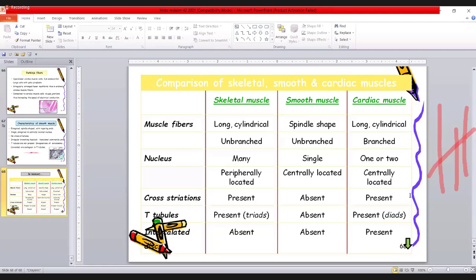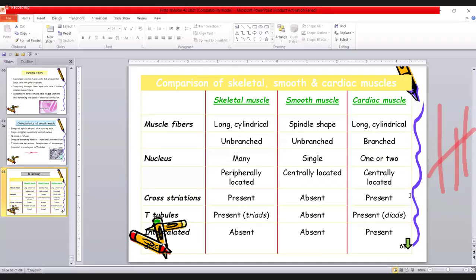Because of the absence of sarcomeres. Sorry? Okay, let me ask it in a different way. What causes striations in the skeletal muscle? That is because of the arrangement of actin and myosin filaments. How does the arrangement of actin and myosin filaments cause striations?